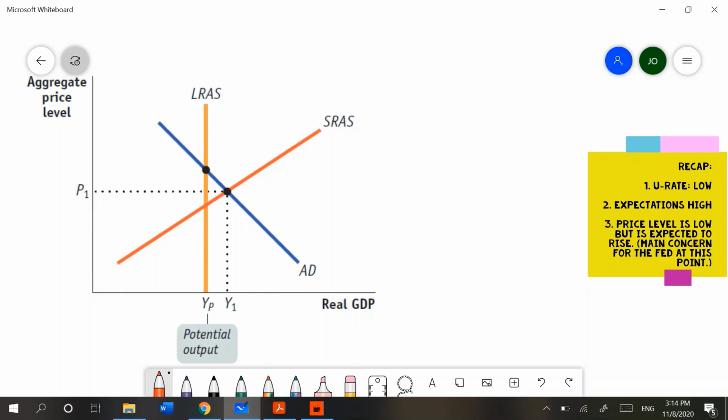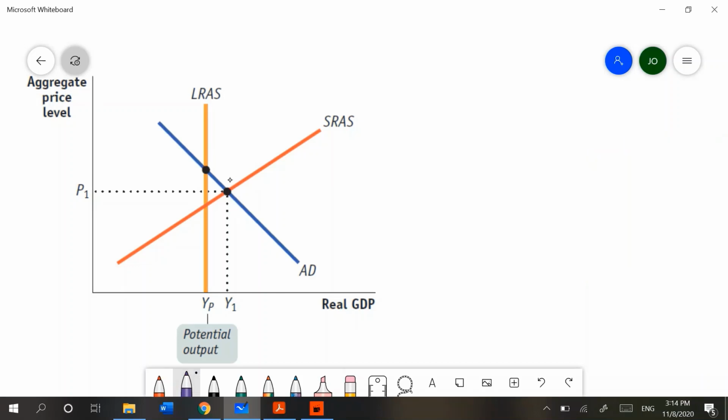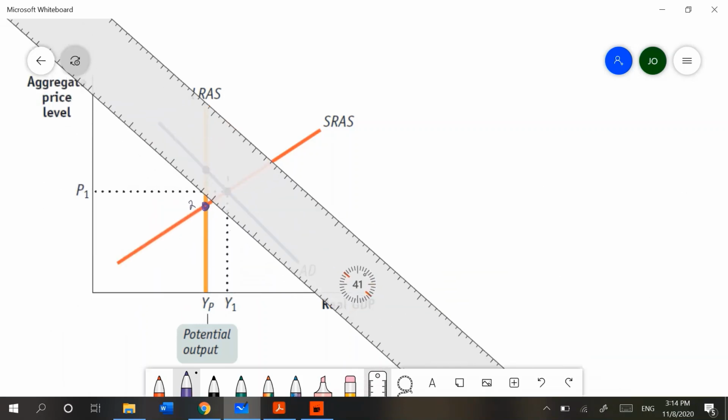So the purpose of the Fed here would be to control prices, control the economy, and basically take us from our current equilibrium number 1 to maybe equilibrium 2.